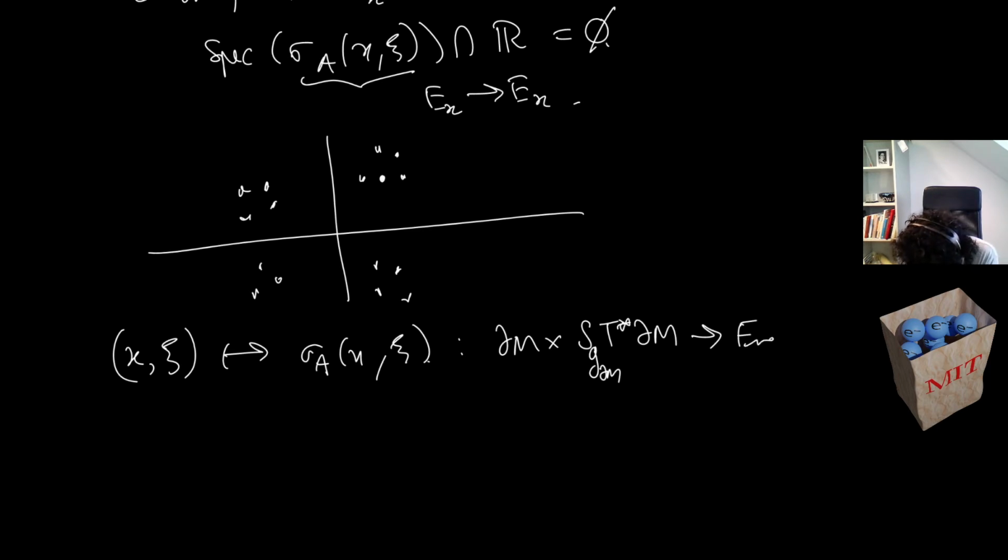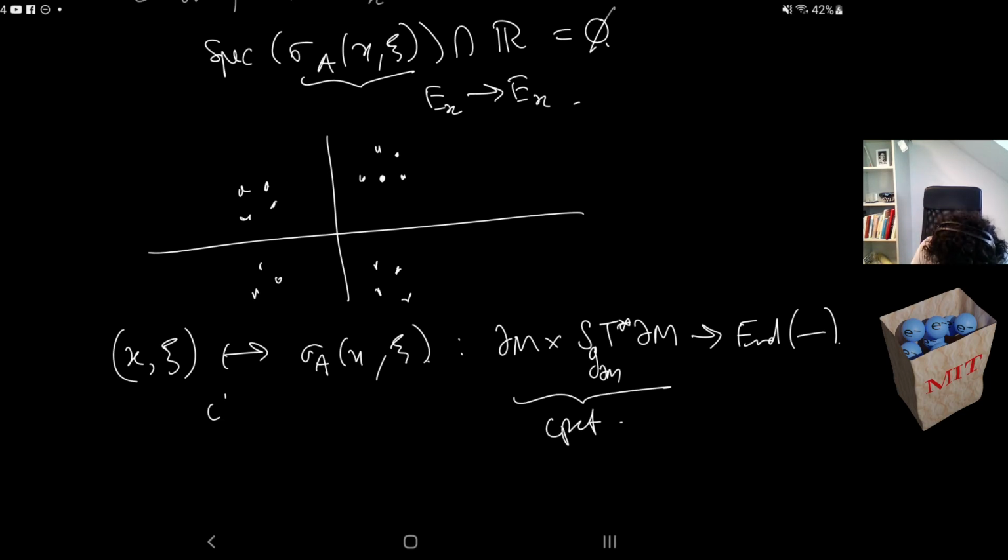so to these endomorphisms. Now this is a map from a compact space, and this is a continuous map. Because it's a continuous map, the eigenvalues only move continuously. And because they move continuously, and because we have a bound on the distance, this can never intersect the real line, right?